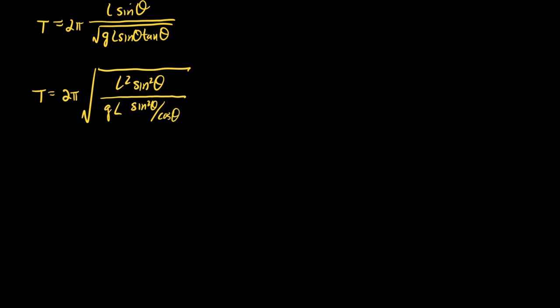All right, isn't that what sine theta tan theta would equal? You guys see why I wrote it this way? So I can cancel out the sine squareds. Do you guys see that okay? Looks like I can also cancel out an L. All right.